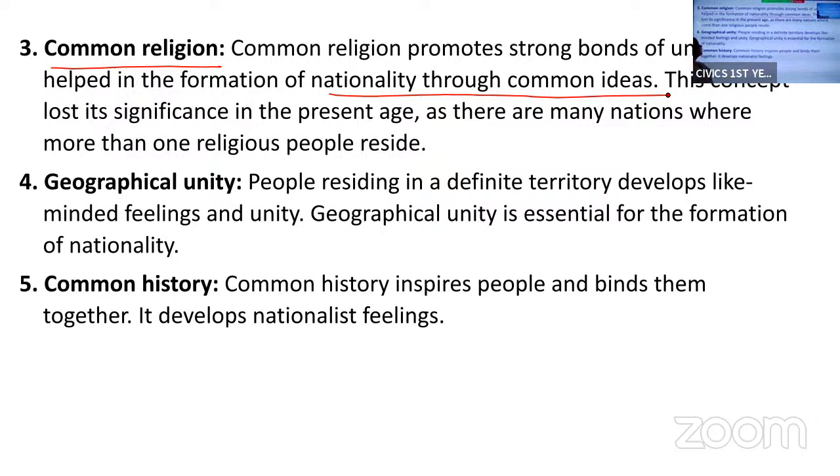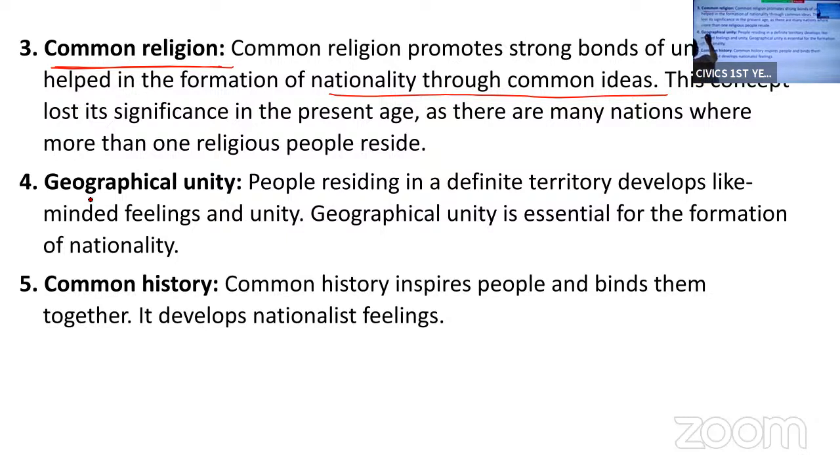For example, Pakistan is formed on the basis of religion. But still, there are many nations with people of more than one religion living together, like India. So common religion is also one of the elements for forming a nation.